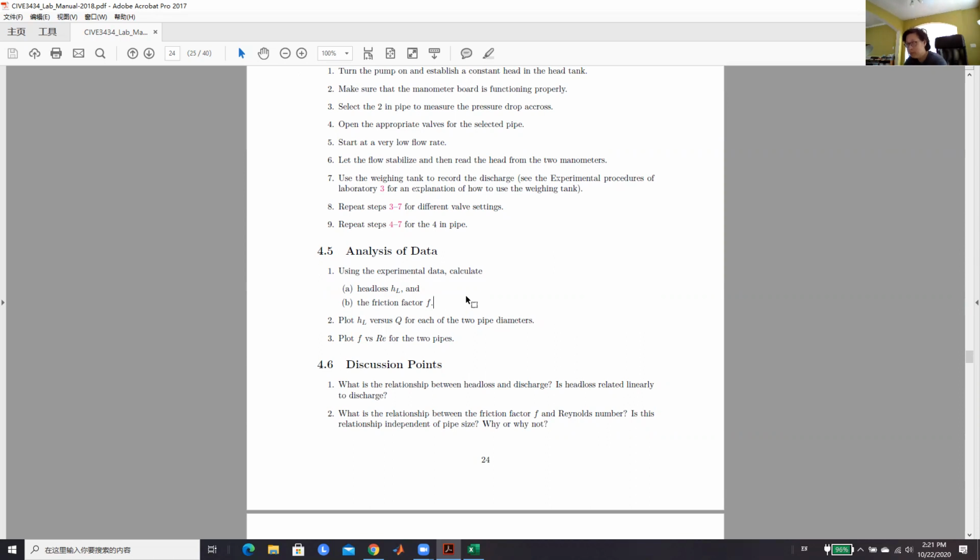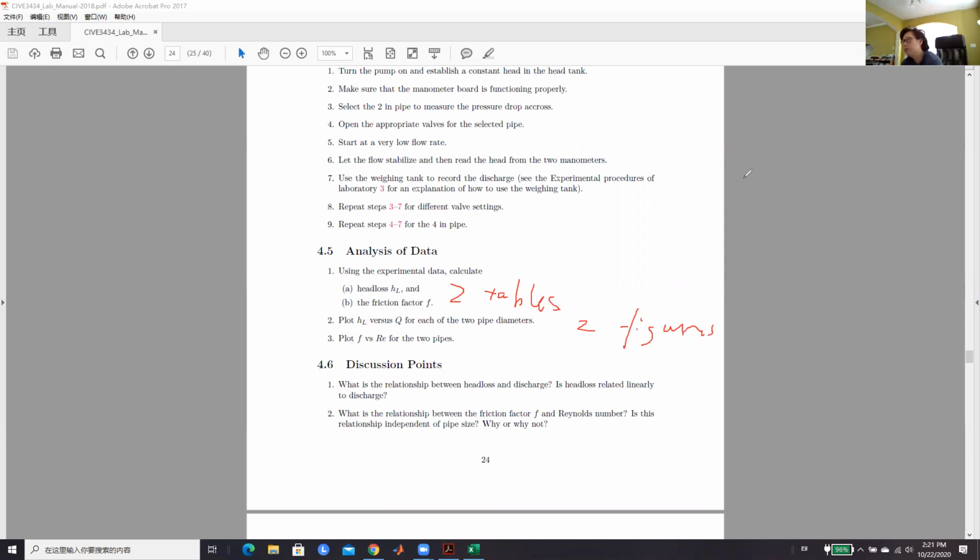Plot the head loss versus Q for each of the two pipe diameters. So that's two plots. The first part is two tables, and this one, two figures.